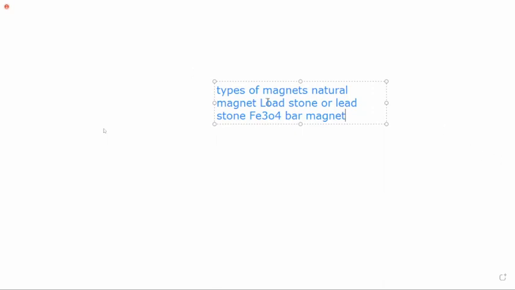So I will draw the diagram of a bar magnet. See here, this is the diagram of a bar magnet. This magnet is one rectangular piece, and then we can show the magnetic field lines.